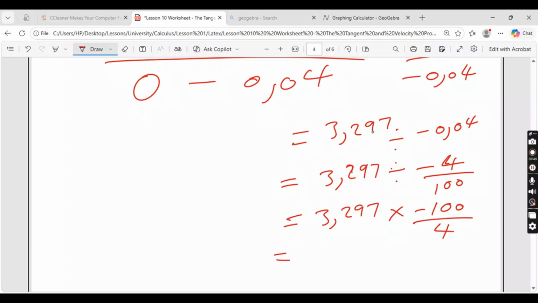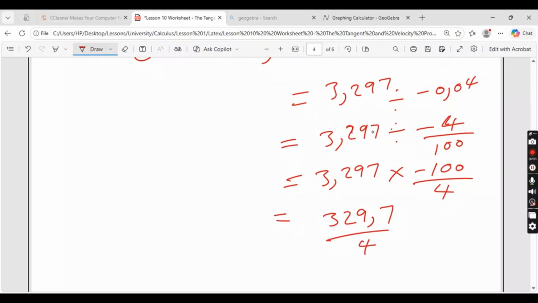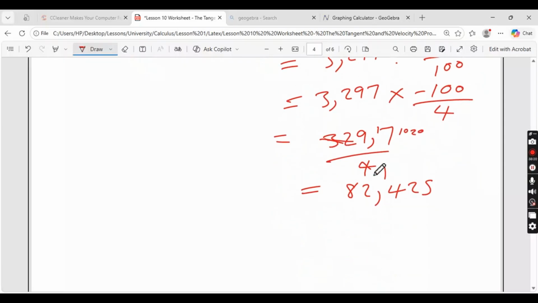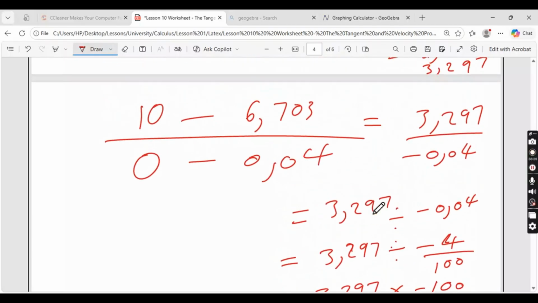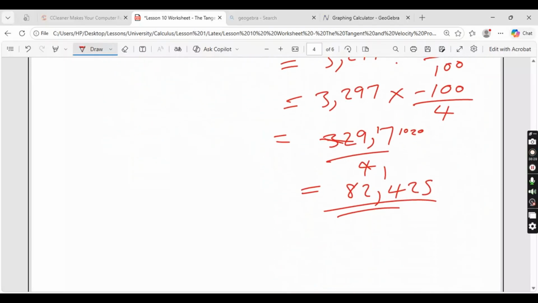Okay, so we get 329.7 divided by 4. I think that's what we got. What happened to the negative? Or the negative, sorry.